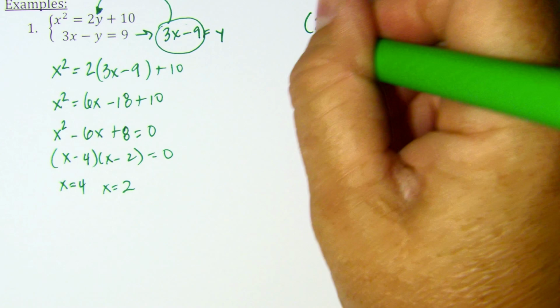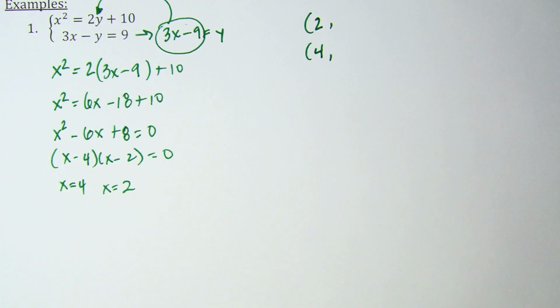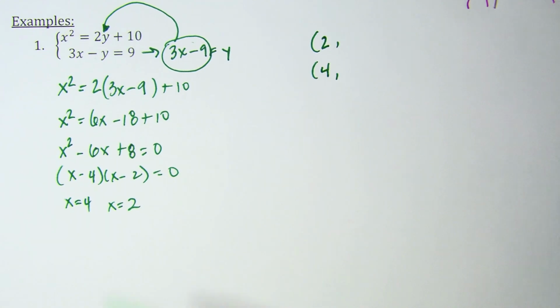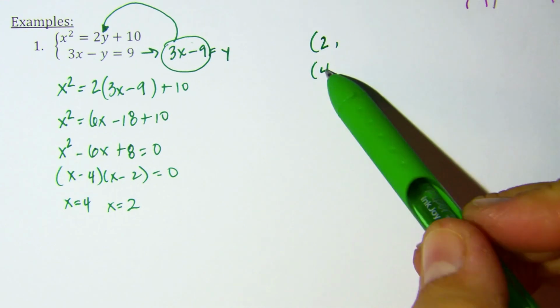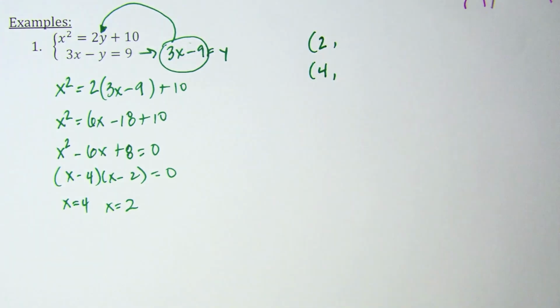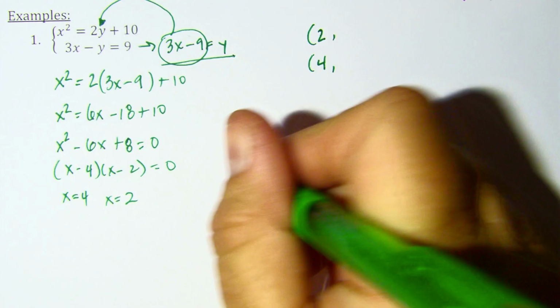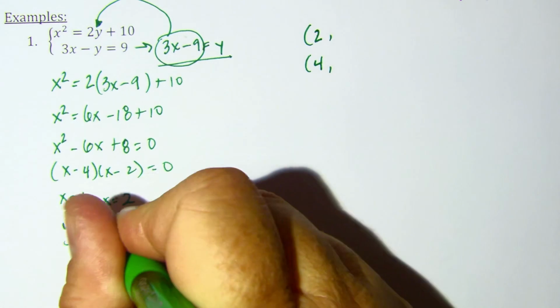Now remember, we're talking about points where these equations intersect. So when I'm talking about points, I always want to answer with coordinates. So I'm going to have an x value of 2 and find the matching y value, and an x value of 4 and find the matching y value. Well, I have an equation with y. So y is equal to 3x minus 9.